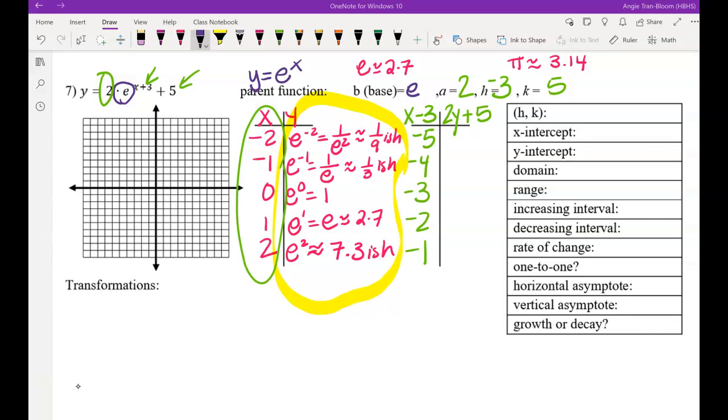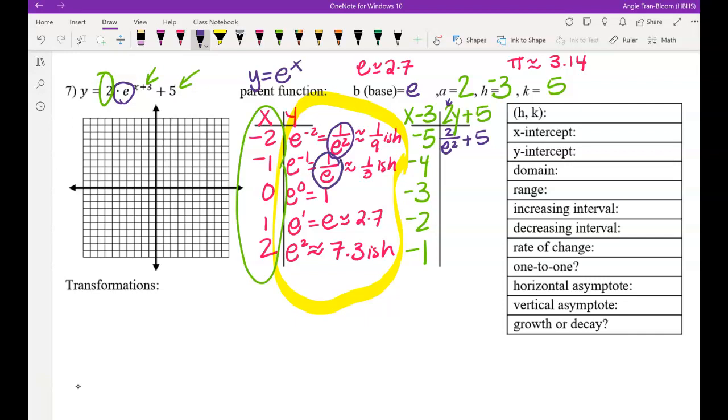I'm going to go with approximations here, guys, and that's okay. I just need an approximation to plot, okay? So 1 over e squared times 2 gives me 2 over e squared plus 5. If you don't have a calculator, it is okay to leave it like this. I know 2 over e squared is about 2/7-ish, plus 5, so when I plot that dot, it's going to be slightly above 5, less than 6, okay?